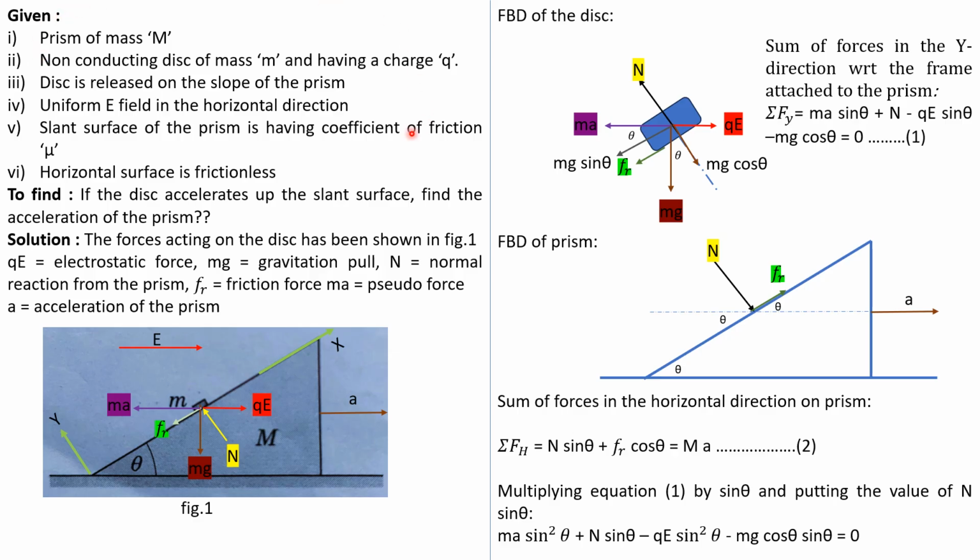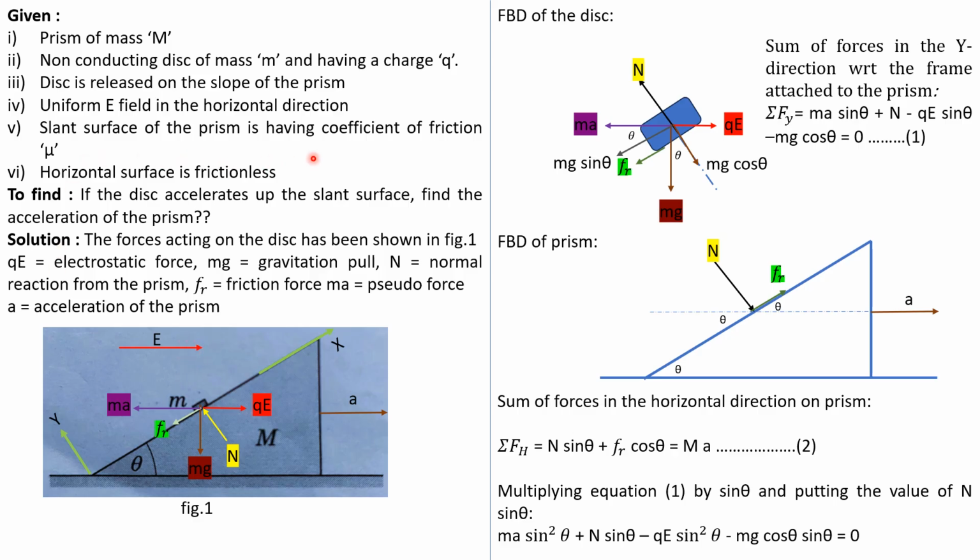We have collected all the data from the question here. Prism is having mass m. Non-conducting disk of mass m. So this is non-conducting disk, and it is having a charge q on it. Disk is released on the slope of the prism as shown in the diagram. Uniform E field is in the horizontal direction, that has been shown here.